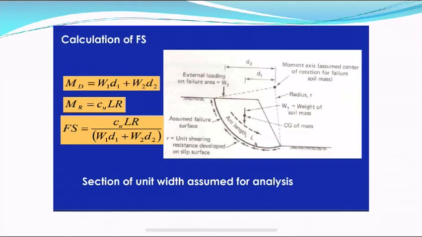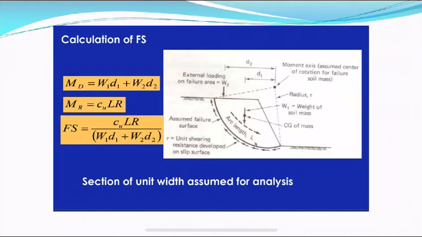The disturbing moment is W2 into D2 plus W1 into D1, due to the self weight of soil. The resisting moment is still Cu into L into R. So the factor of safety in this case is Cu L R divided by within brackets W1 D1 plus W2 D2.